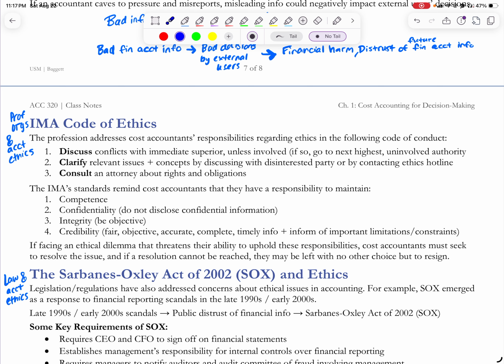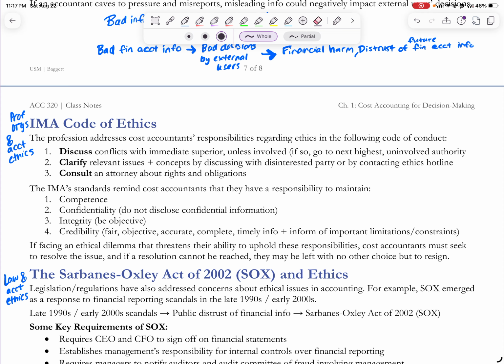The Institute of Management Accountants, I think that's what the IMA stands for, might be managerial accountants, is a professional organization, and it addresses accounting ethics here, the ethical concerns and guidelines for cost accountants specifically.